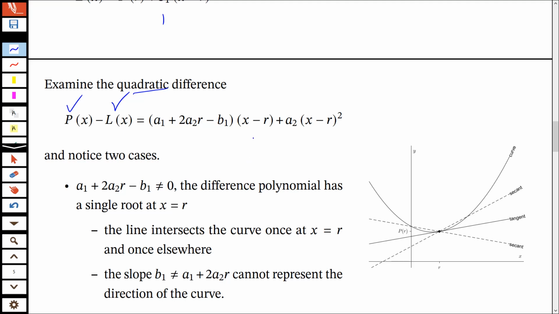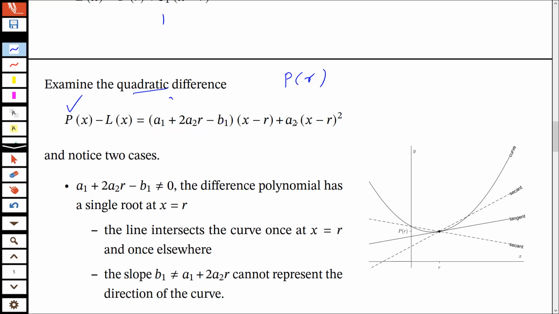This difference, if you follow that math, must be of this form, because that constant disappeared. You see that constant P of R must be part of this, and that must be part of this, so it disappears, and you're only left with the quadratic, which has X minus R multiplied by something. Remember, this something came from P, and this B1 came from L, and is the difference.